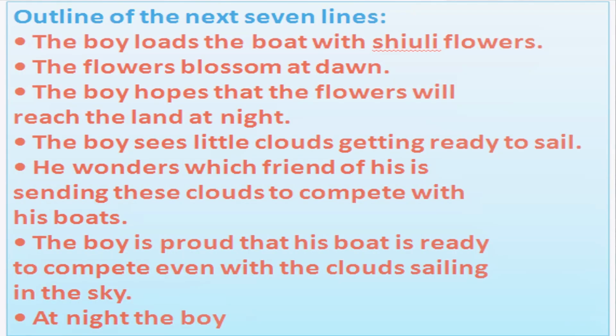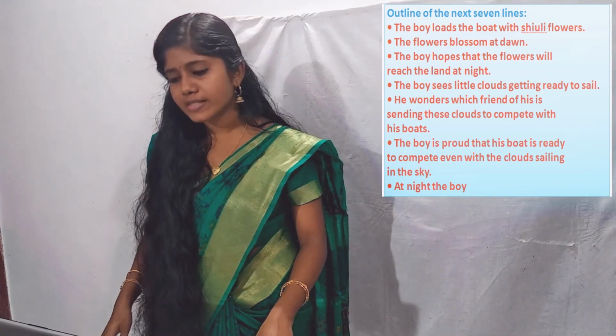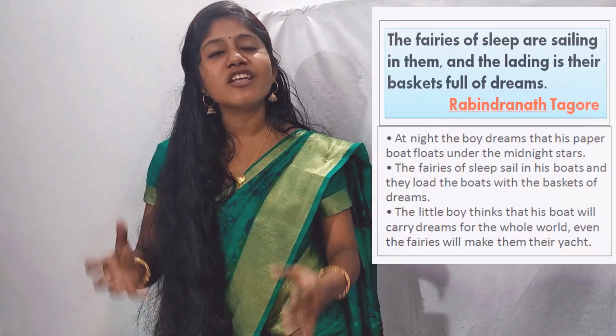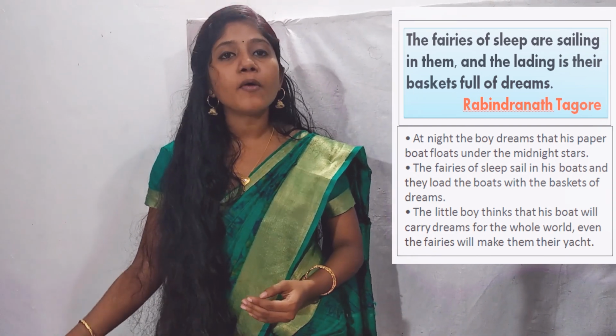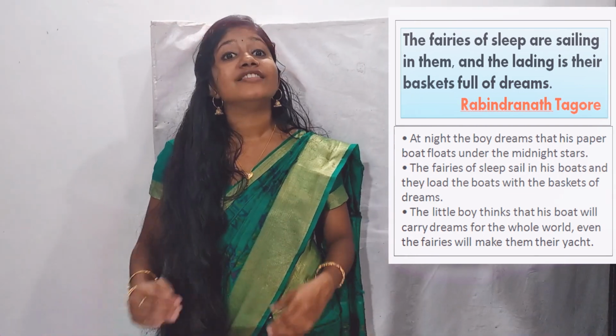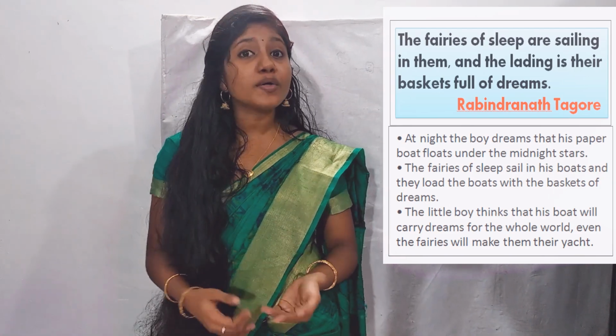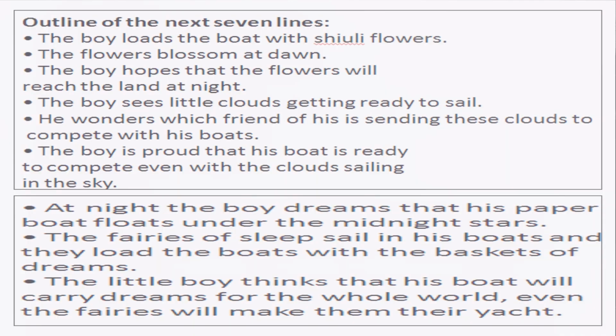The fairies of sleep sail in his boats and they load the boats with baskets full of dreams. The boy loads his boat with shuli flowers. The little boy thinks that his boat will carry the dreams of the whole world. Even the fairies will make them their yacht.